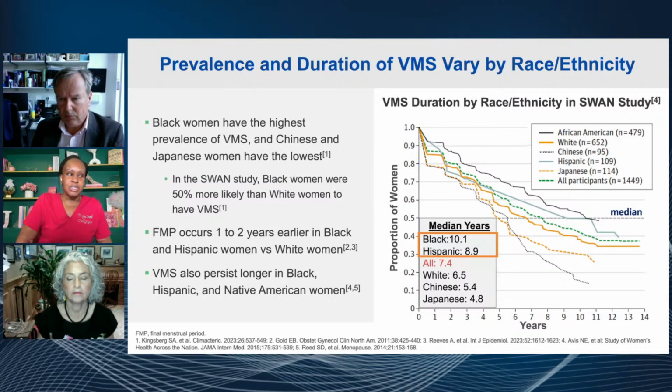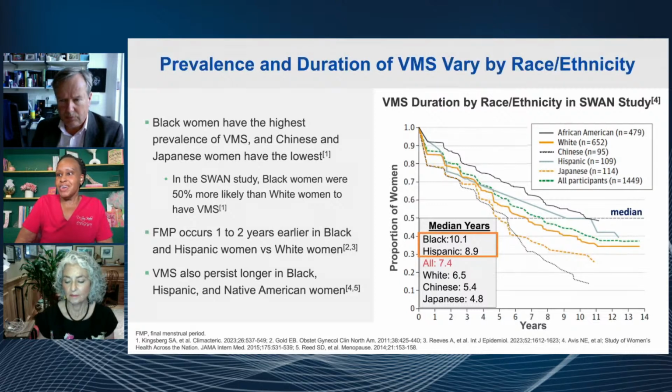And this is very interesting because the earlier onset of menopause, we know, is associated with the loss of estrogen, and that loss of estrogen can be associated with an increase in all-cause mortality. So I think it's really important that we're starting to really look at this and understand it.